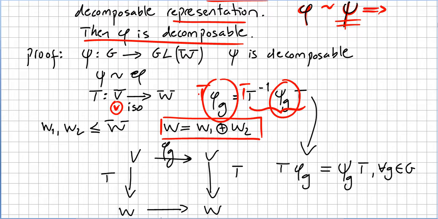We want to prove that phi of g is also decomposable, so we use this T from the objects to the images. Since this one is decomposable, we get W and decompose it, and it's easy to prove that then V is decomposable.